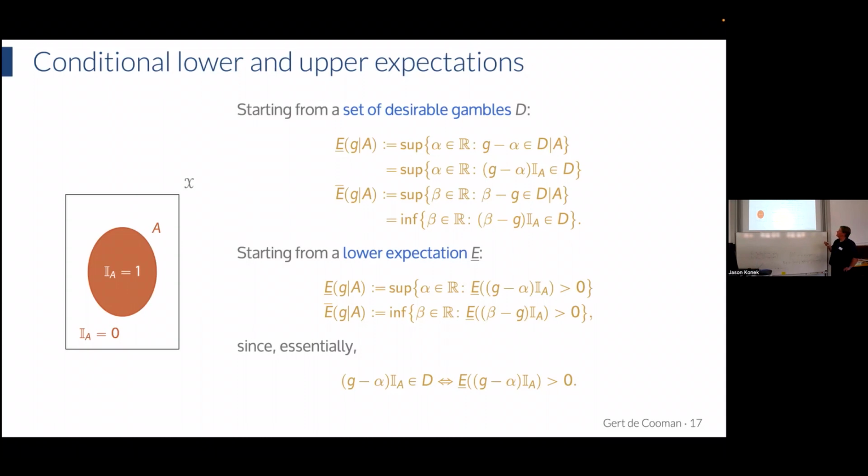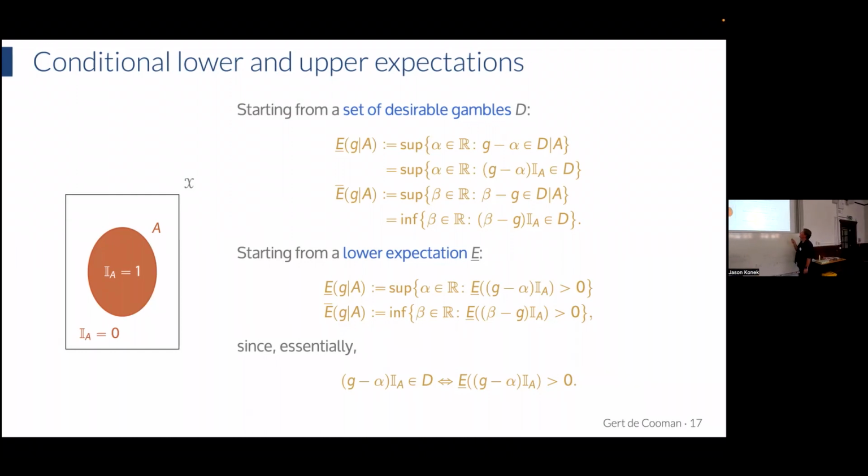Now, because of this, essentially what we have, up to something that is not really important, is that this gamble is in D if and only if its lower expectation is strictly greater than 0. So here, this is almost equivalent to the conditional gamble being in D, apart from some positivity that I can get rid of, is assumed or subsumed.